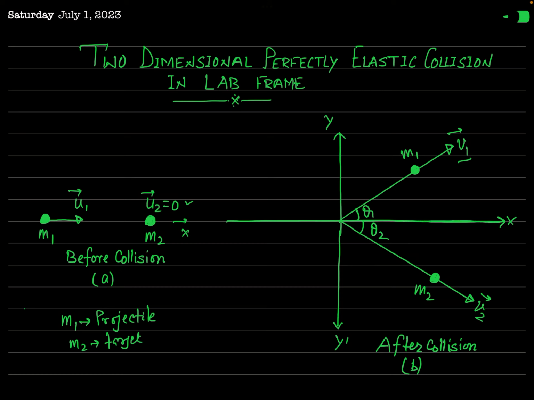Since the initial direction of motion of m1 is along the x-axis, m1 moves with velocity v1 making an angle theta 1 with the x-axis. This angle theta 1 is called the angle of scattering.